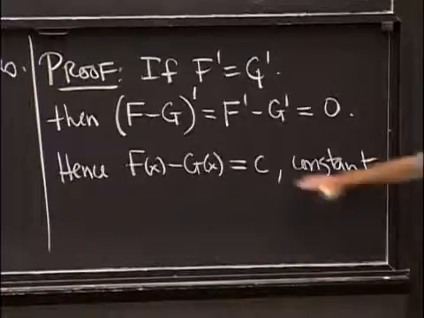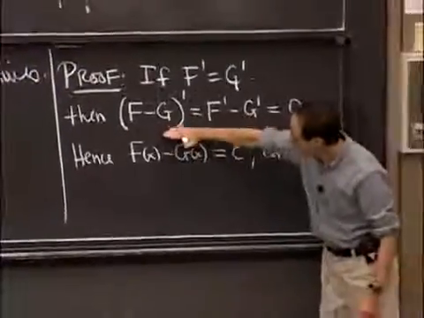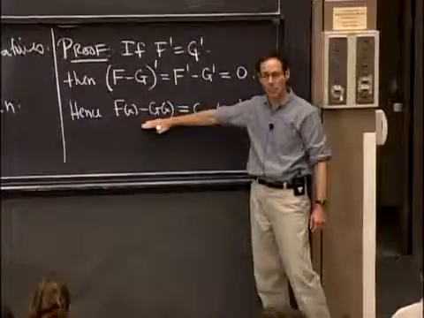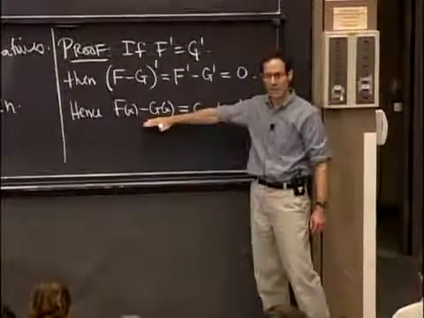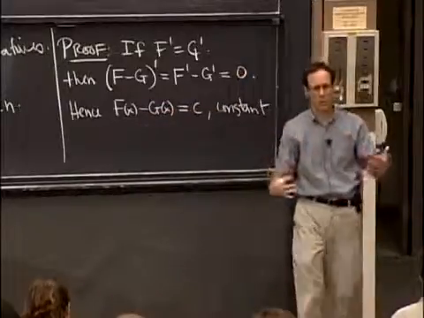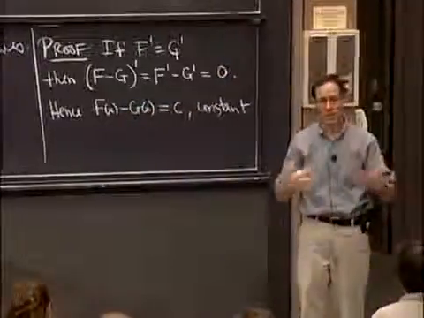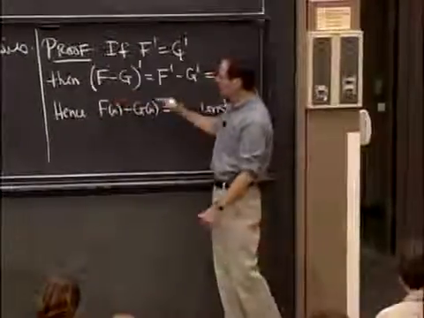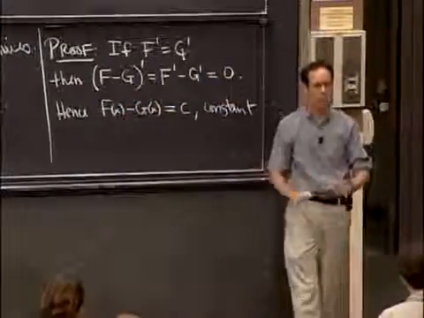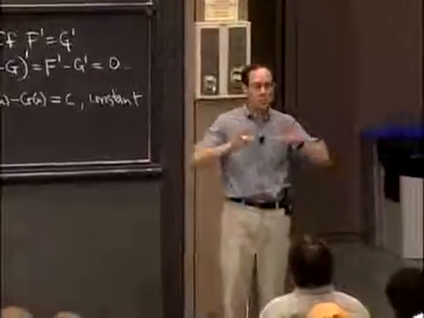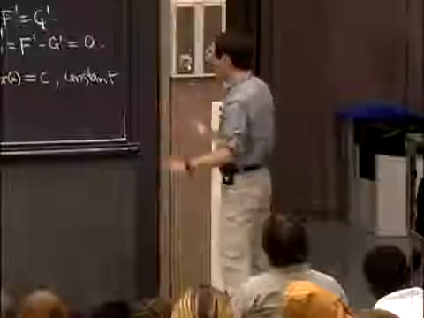Now, this is a key fact, a very important fact. We deduced it last time from the mean value theorem. It's not a small matter. It's the basis for calculus. It's the reason why calculus makes sense. If we didn't have the fact that the derivative being 0 implied that the function was constant, calculus would be just useless for us.